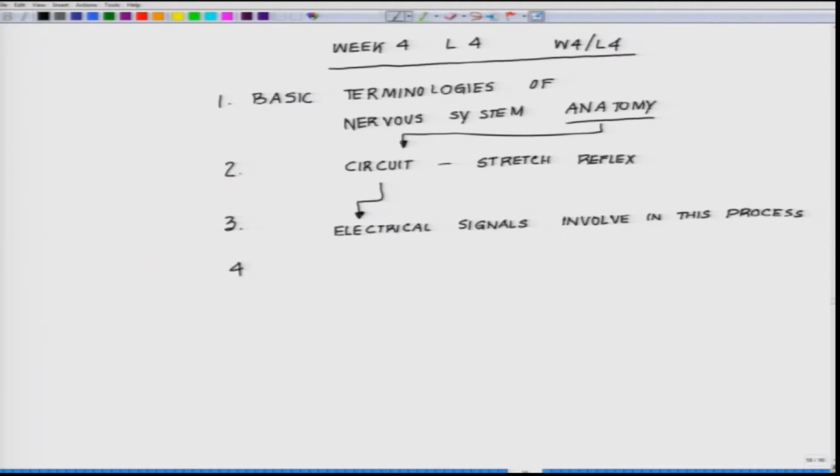And fourth, as we proceed further, these electrical signals, correlating them with mechanical movement.